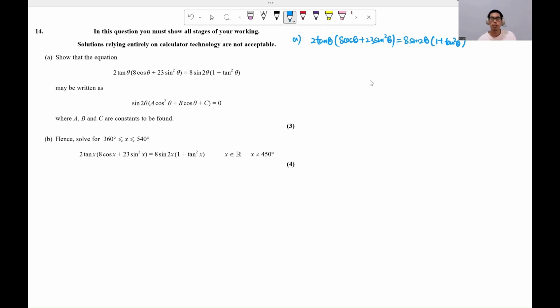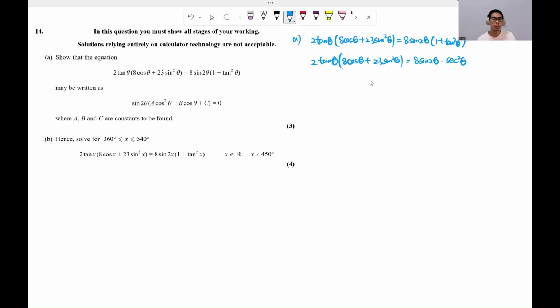First, I can change 1 plus tan square theta into sec square theta, using the identity straight away. So 2 tan theta times (8 cos theta + 23 sin square theta) stays the same, and it equals 8 sin 2 theta times sec square theta.